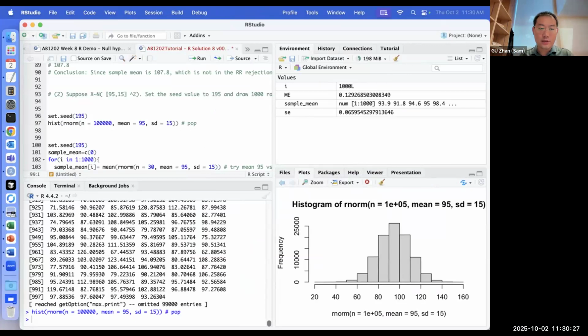Another way to look at this is to use dnorm with x equal to a wide range, like minus 1000 to 1000, to give you a better view.